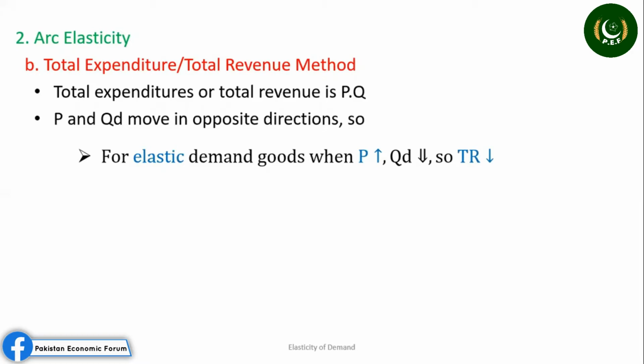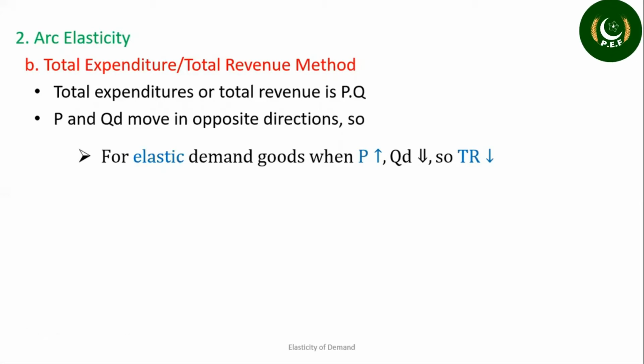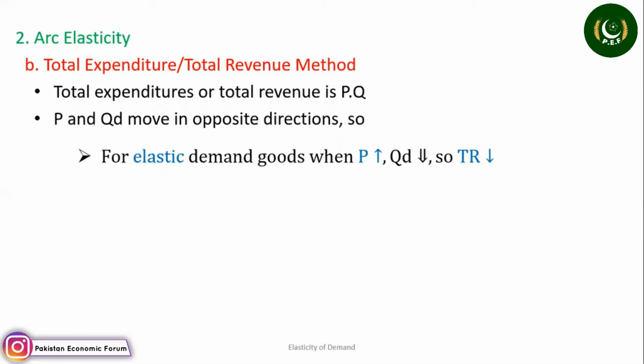That is, if an increase in price results in a large decrease in quantity demanded, the total revenue will fall. Hence, we can say that whenever the price and total revenue or total expenditure move in opposite directions for a good, then that good is elastic in demand.